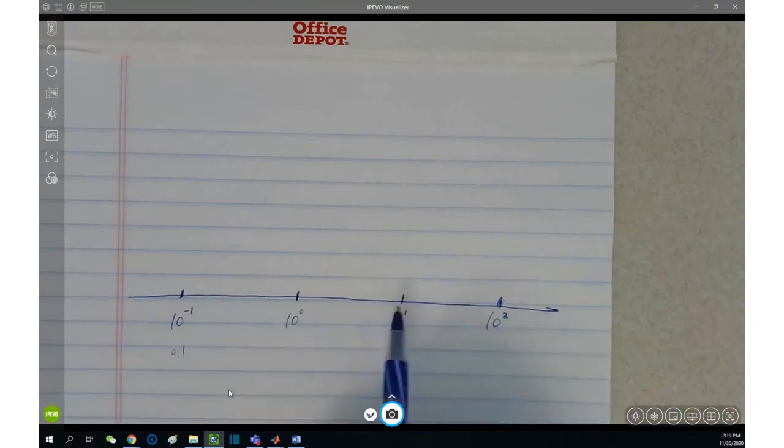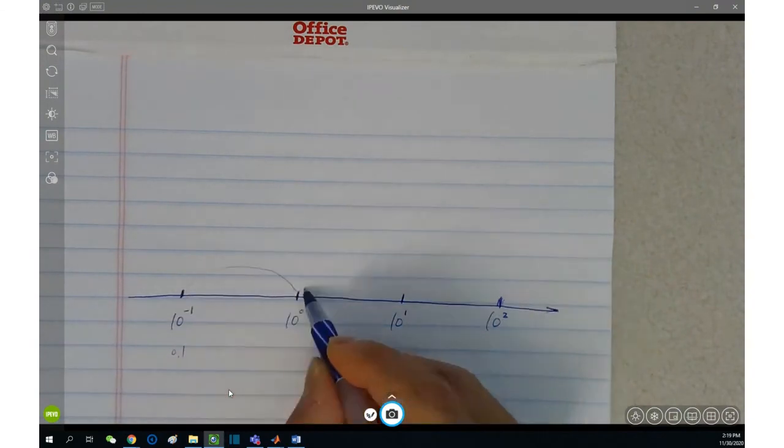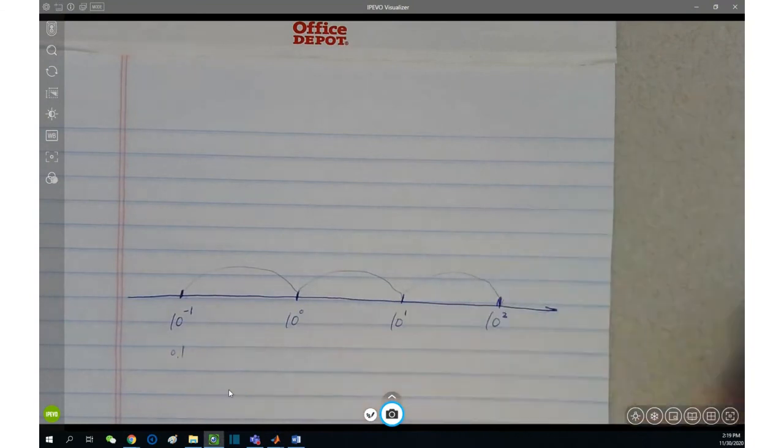Every 10 times is linearly assigned, or say aligned. This length is the same as this length, the same as this length. Every 10 times is linearly distributed along the x-axis.